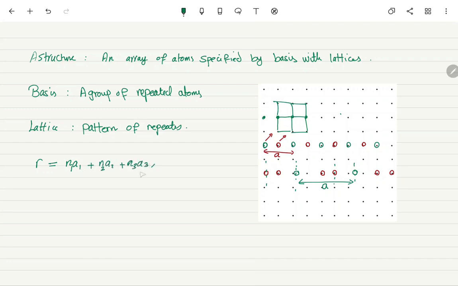In such a way, A1, A2, A3 are primitive vectors, and Ni are arbitrary integers, could be 0 or could be negative.